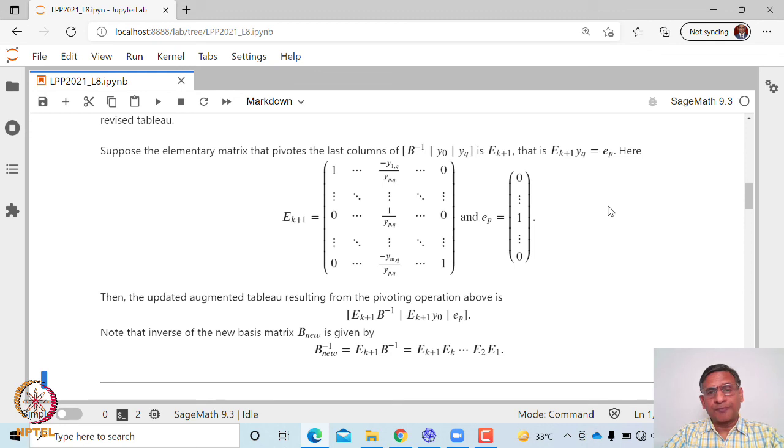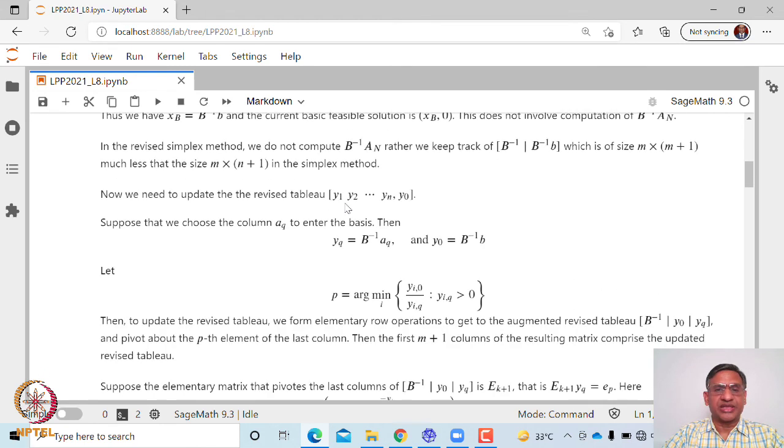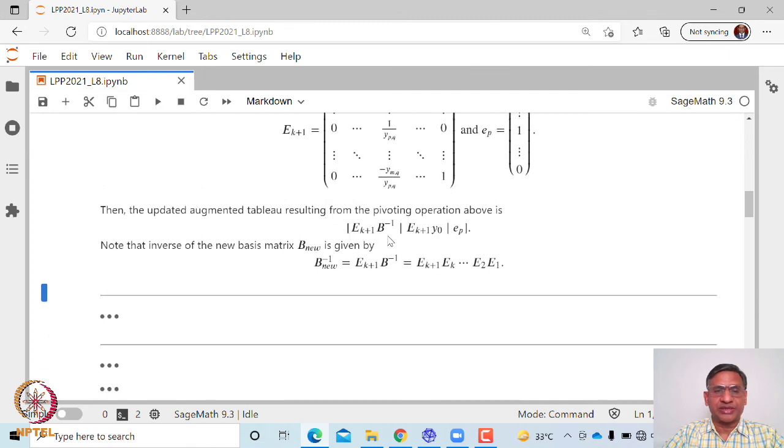Therefore, for example, if you have 100 variables and 50 rows, that means you are dealing with a 50 cross 52 matrix rather than 50 cross 100. So that size reduces. That is why this method is called the revised simplex method.